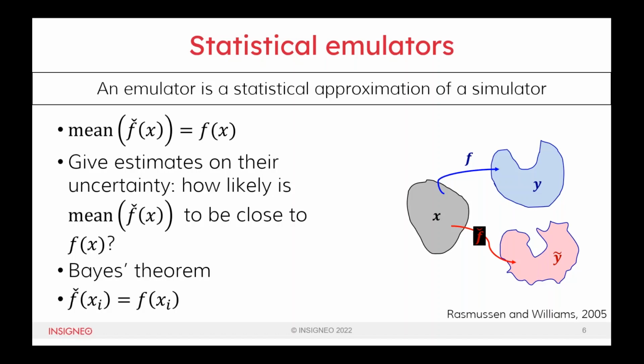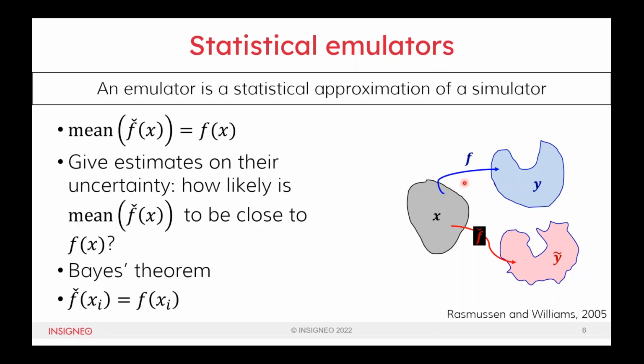Now, statistical emulators are a statistical approximation of a simulator. And when I say simulator, I mean the computational model whose behavior you want to investigate. Imagine that this gray region here is some sort of space of parameters, and the function f here represents the simulator.